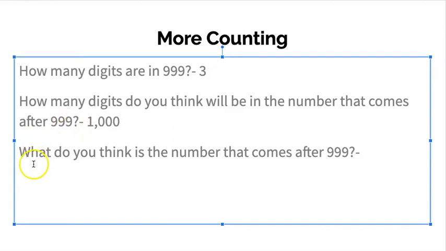All right, so the number 1,000 has 3 zeros, so there are 4 digits in that number. We write 1,000 as 1, comma, 0, 0, 0.